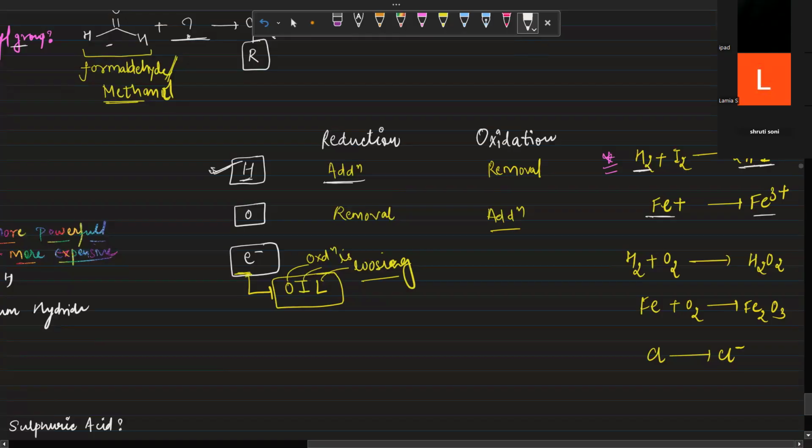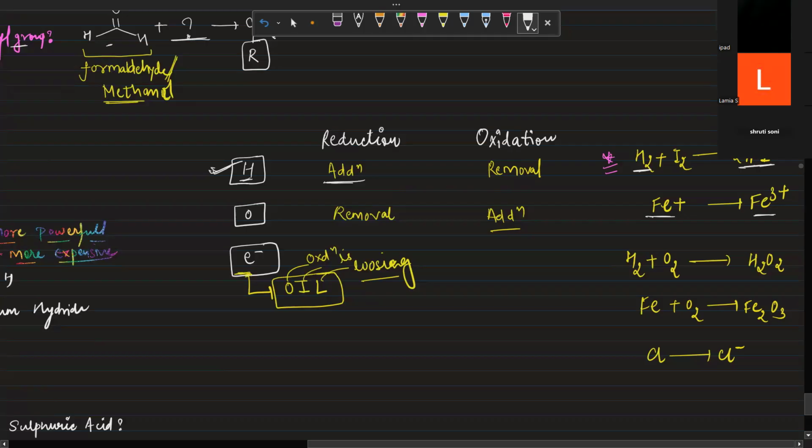Fe+ converting into Fe3+. So can we check with hydrogen? Is there any hydrogen in this reaction? No. Is there any oxygen? No. Okay, so hydrogen and oxygen are not here. Then we'll check with electrons. Fe+ converting into Fe3+.